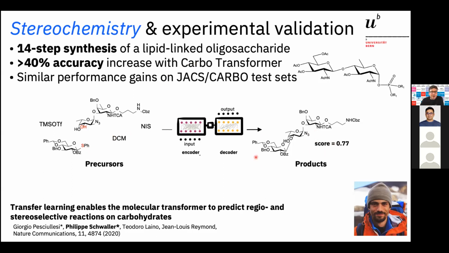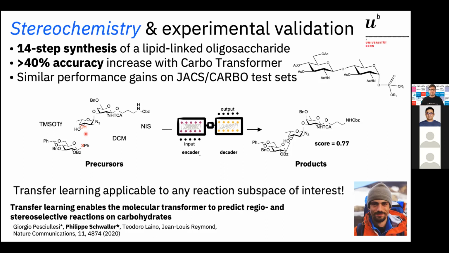While the atom mapping is kind of obvious to see, it would even for a human expert be challenging to predict whether it forms an alpha or beta bond and whether it reacts in the axial or equatorial position. And our model was able to predict this.